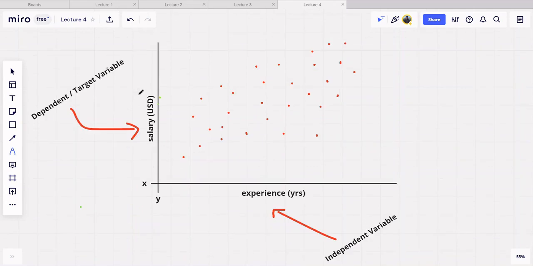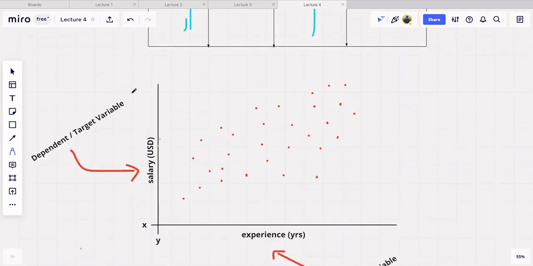Now in linear regression, what we do is we first create a scatter plot of all the points, and then we draw a line of best fit, a line something like this. Let me draw this again.